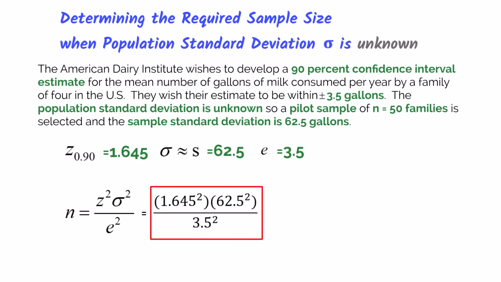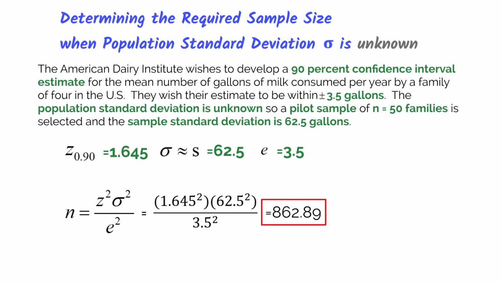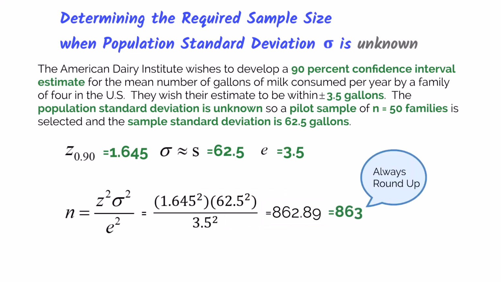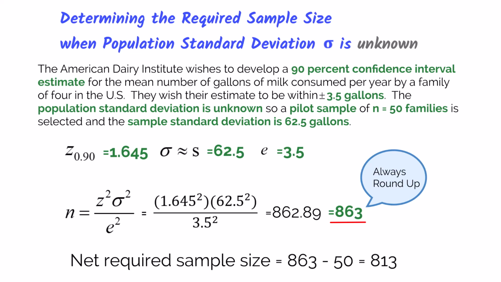We square 1.645 and 62.5, multiply them, and then divide by 3.5 squared, and we get 862.89. Same as before, we'll round that up to 863. Now, since we selected a pilot sample to establish our sample standard deviation, we subtract the 50 to arrive at a net required sample size of 813.